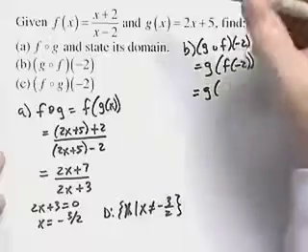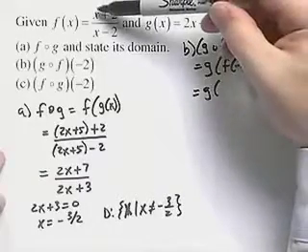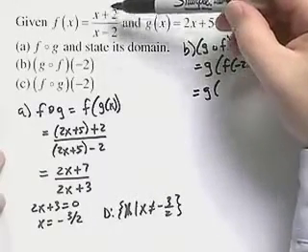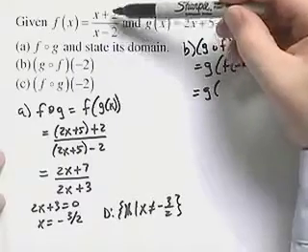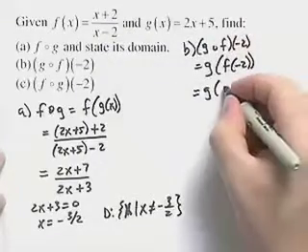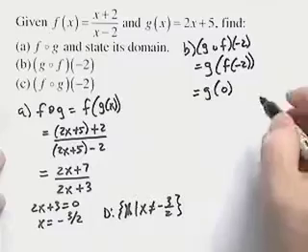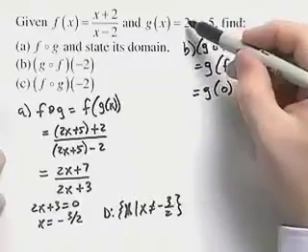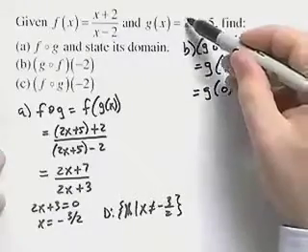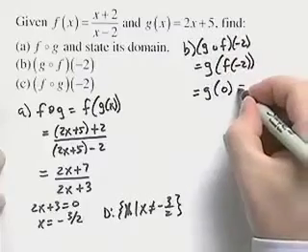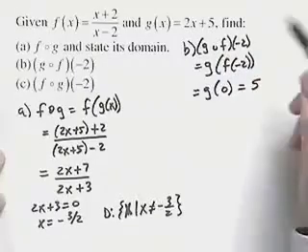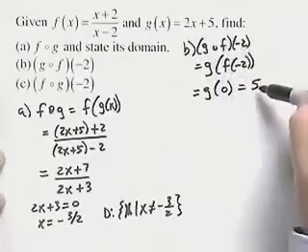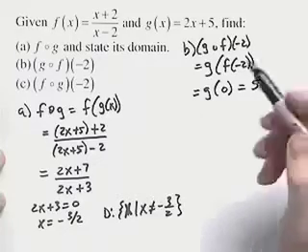If we come up to our function f and put in negative 2, negative 2 plus 2, that's 0. Negative 2 minus 2 is negative 4, and 0 over negative 4 is 0. So we need g of 0. So now we come to our function g, plug in the value 0. 2 times 0 plus 5 is equal to 5. So g of f of negative 2 is equal to 5.